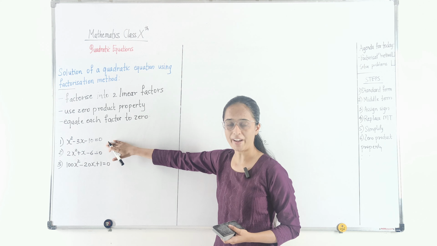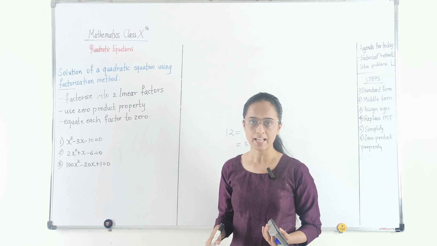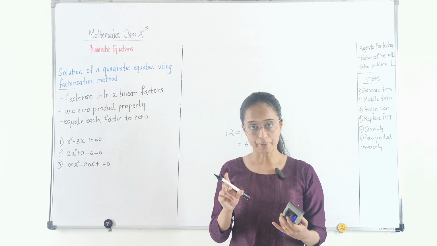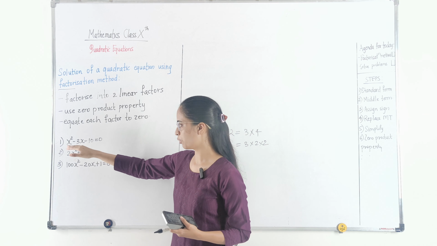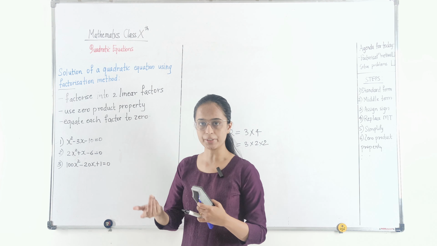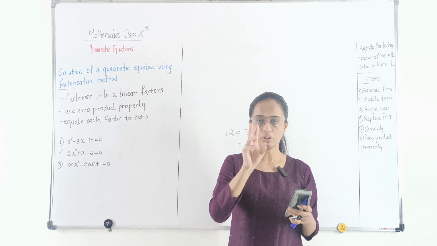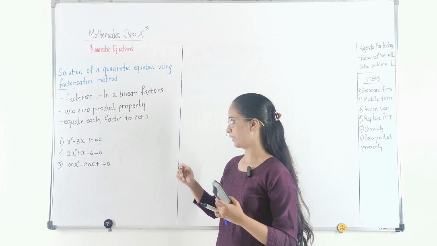So you're going to factorize the given equation into 2 linear factors, and by linear I mean expressions where the power of the variable is 1. So basically you would be rewriting x square in terms of this particular equation into 2 linear factors.